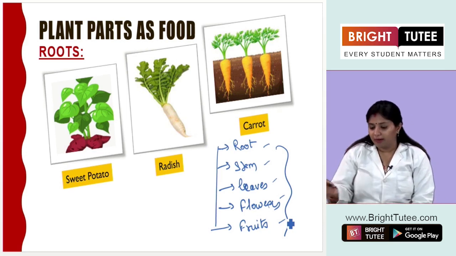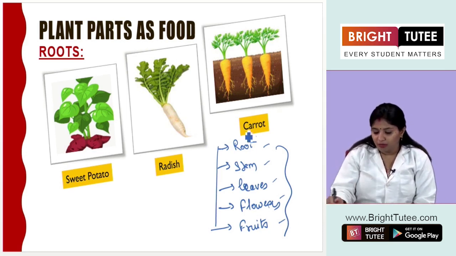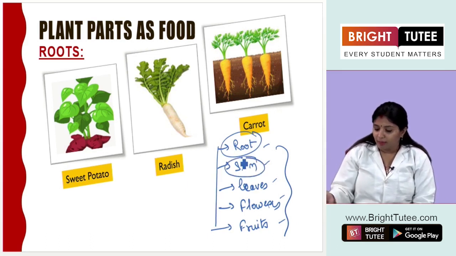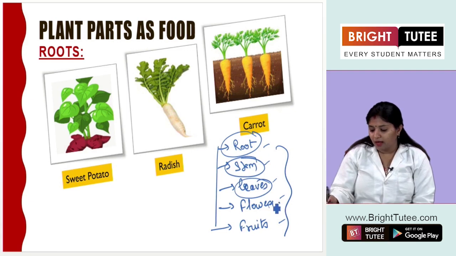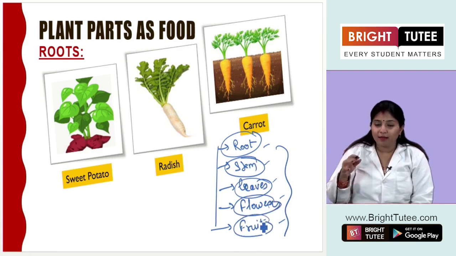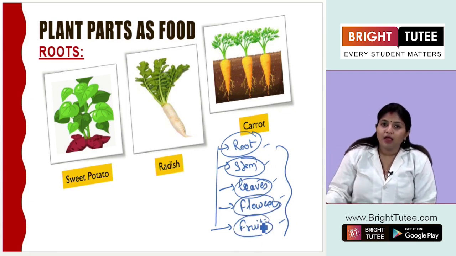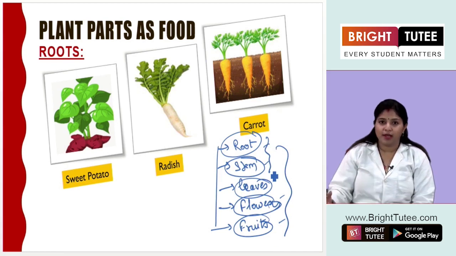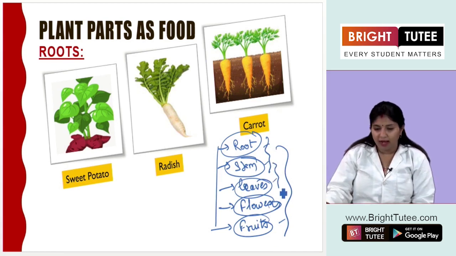Maybe in one plant the root is important, in another plant the stem is used as food, in some plants leaves, in another flowers and fruits. In very few plants there are ingredients wherein more than one part, maybe root and stem both, are edible, then maybe stem and leaf are edible, and so on.